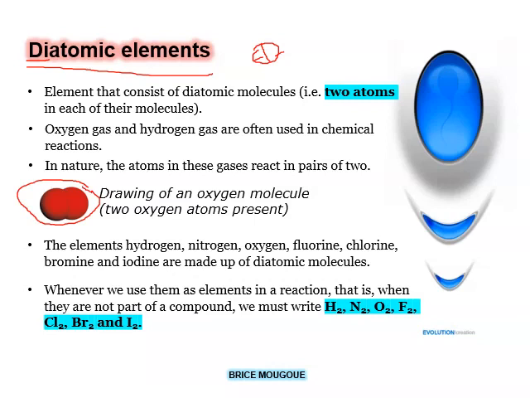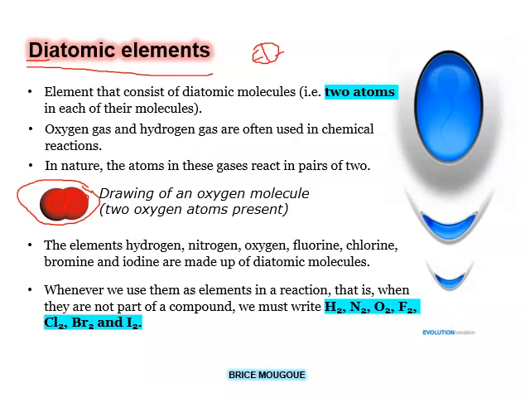If we look at this molecule, you will notice that there are 2 atoms of oxygen. It means to form one molecule of oxygen, we need 2 atoms of oxygen. For some other elements, to form one molecule of that element, we'll just need 1 atom of that element. So there are cases where to form a particular molecule, 2 atoms of that element will be required to make that molecule.